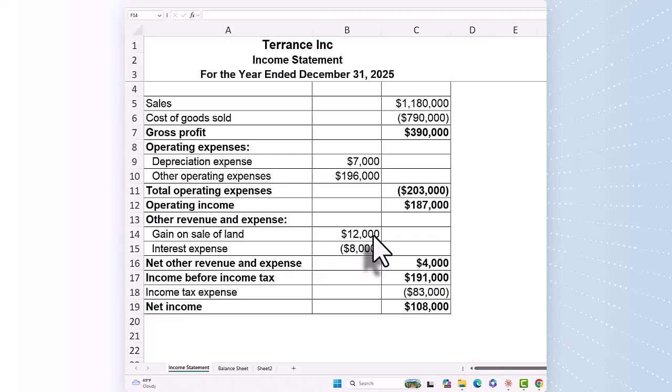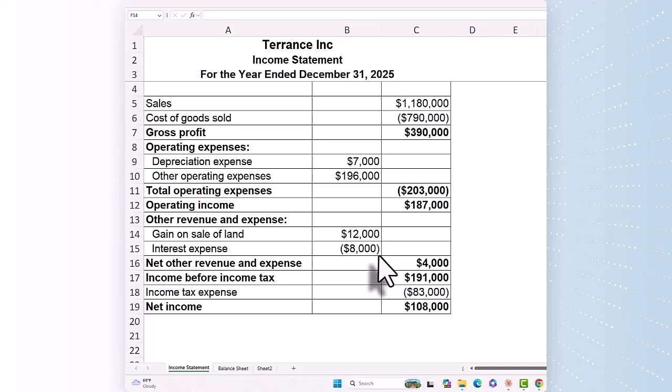So a gain on the sale of an asset counts as revenue. So when we're looking at our net income, we can see that this gain on sale of land has added on to the revenue side of our business. Well, that's not part of our operations. We're not in the land selling business. We need to take that amount off of that revenue amount because it's not related to operations.